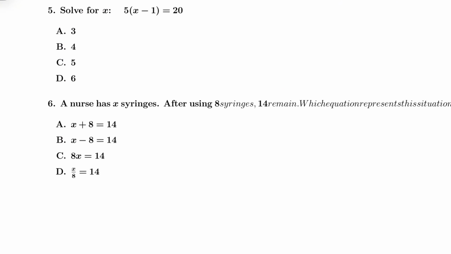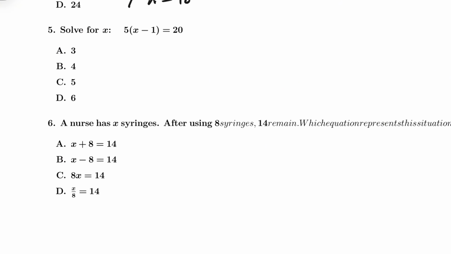Now, let's go ahead and look at question 5. So for x, we now have a parenthesis. Of course, this is one term and this is one term, but that is a parenthesis. We have to deal with the parenthesis first.